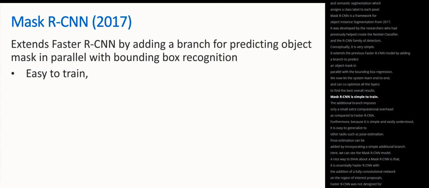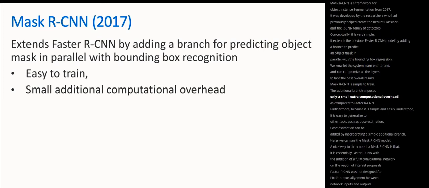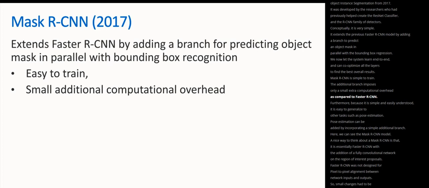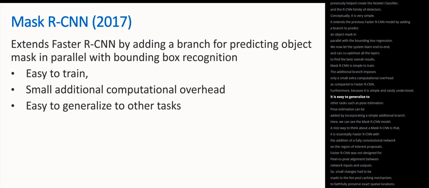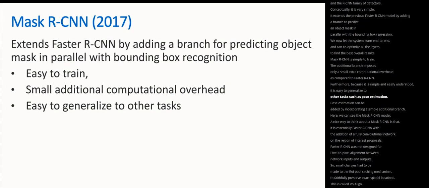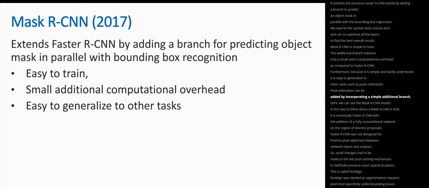Mask R-CNN is simple to train, and the additional branch imposes only a small extra computational overhead as compared to Faster R-CNN. Furthermore, because it is simple and easily understood, it is easy to generalize to other tasks, such as pose estimation. Pose estimation can be added by incorporating a simple additional branch.